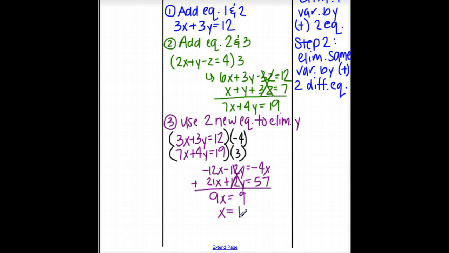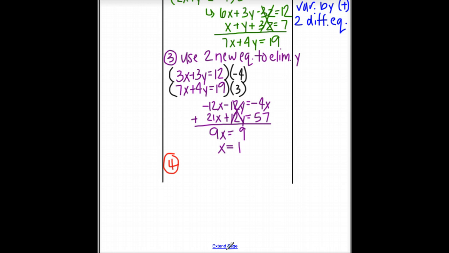Now what I want to do is take my x value and substitute it into one of the new equations to solve for y. So I'm going to use my 3x plus 3y equal to 12.